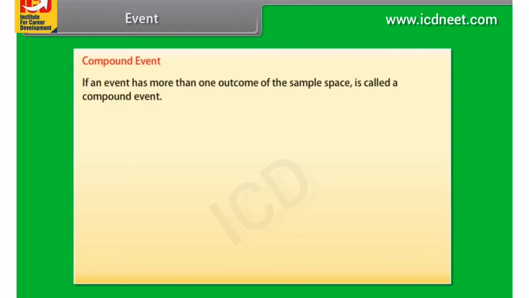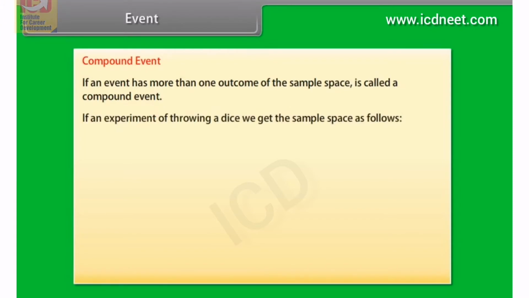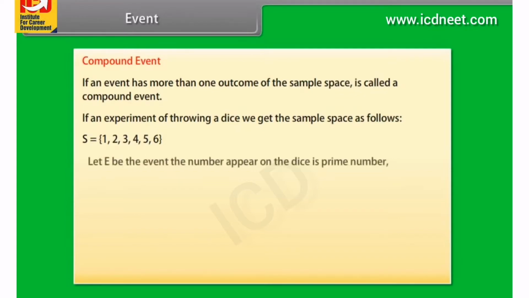Compound event. If an event has more than one outcome of the sample space, it is called a compound event. To understand it, let's take an example. In an experiment of throwing a dice, we get the sample space S is equal to {1, 2, 3, 4, 5, 6}. Let E be the event that the number appearing on the dice is a prime number.